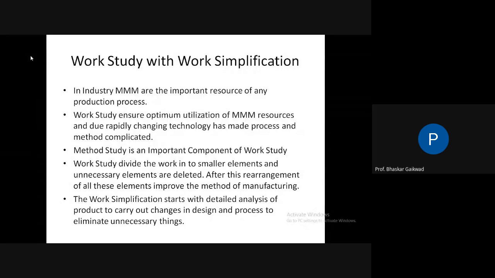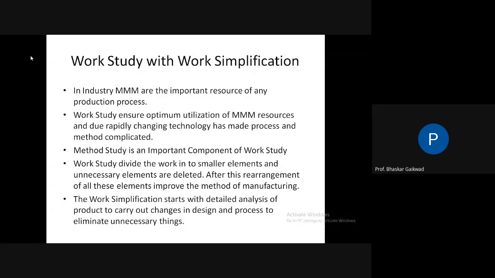In small elements we have to reduce. For example, bearing. It is the last assembly. Outer cage is there, inner cage is there, caps are there, inside the balls are there. So initially we have to simplify this: how easily we can manufacture this and how easily we can go for the assembly. Initially we have to break this into elements, balls separately: how the balls will come to the assembly lines, what the outer cage manufacturing process is, how the inner and outer rings are manufactured, what the heat treatments are.